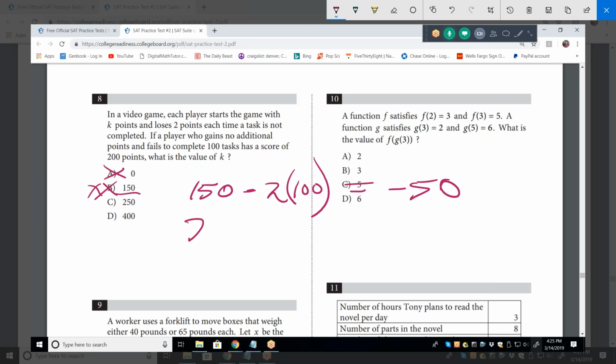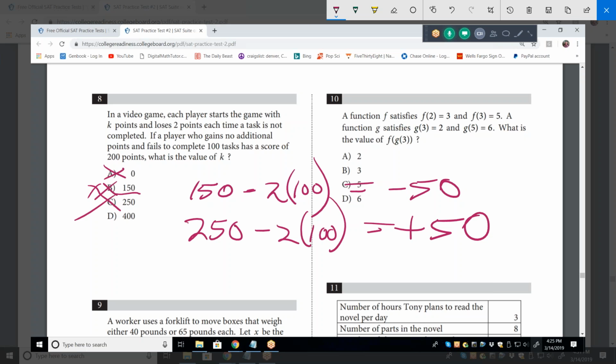Let's see if that's the answer. 250 minus 2 times 100 is equal to plus 50. We need our answer to be 200. So then you know that D is the answer because it's the only one left. Definitely do not do the math. Once you've crossed off 3 out of 4, choose number 4 and go on.